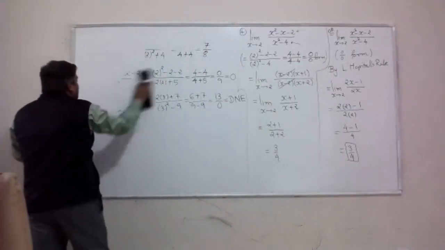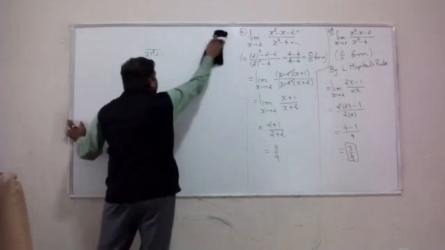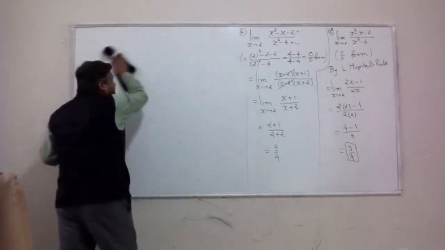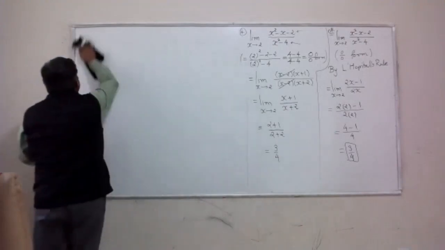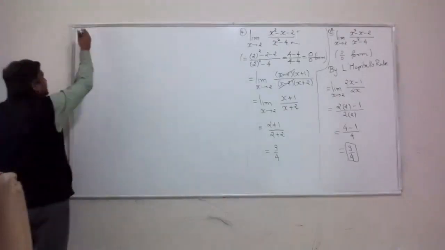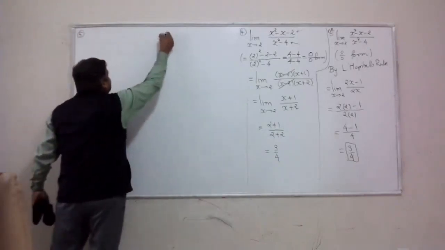It is possible to create rational functions involving exponential and logarithmic functions where the traditional techniques don't work. So here are examples number 5 and 6.